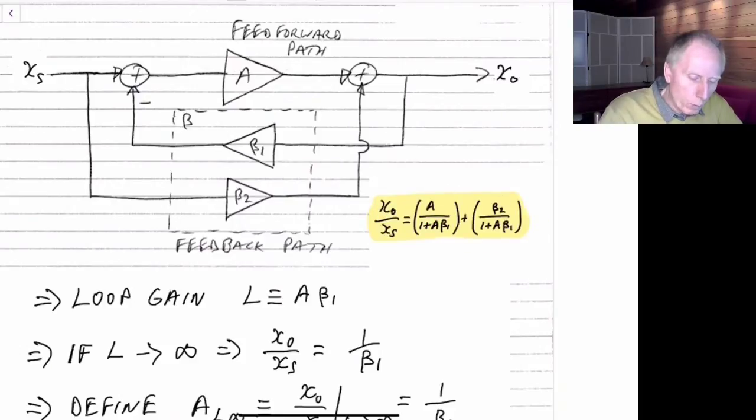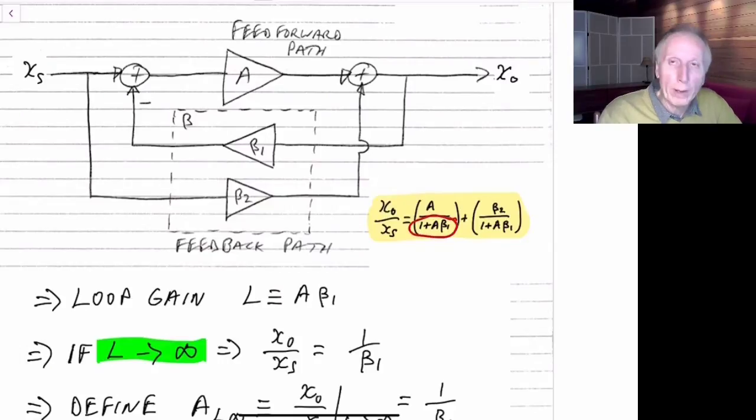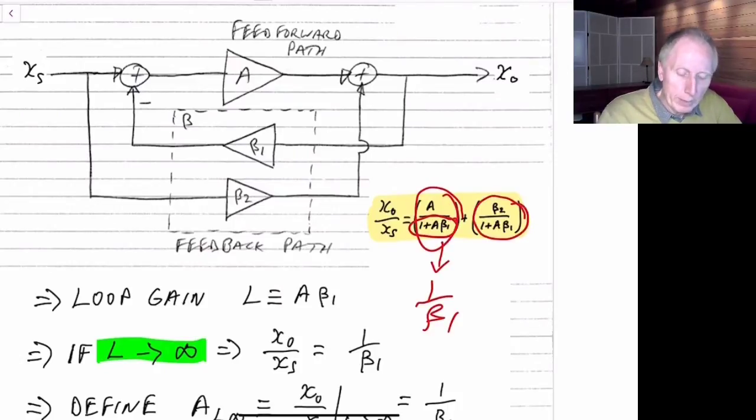in the case where L goes to infinity, then 1 plus A beta 1 is becoming very, very large. So A beta 1 is becoming much, much greater than 1. And so this whole term here becomes 1 over beta 1. This term over here, beta 2 doesn't change.